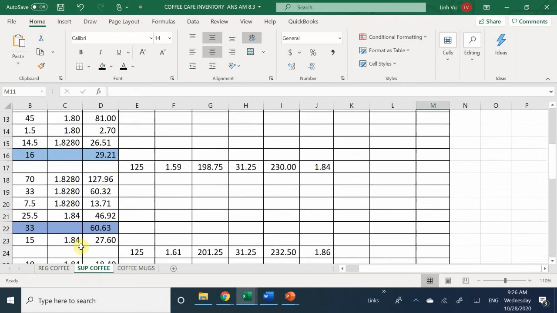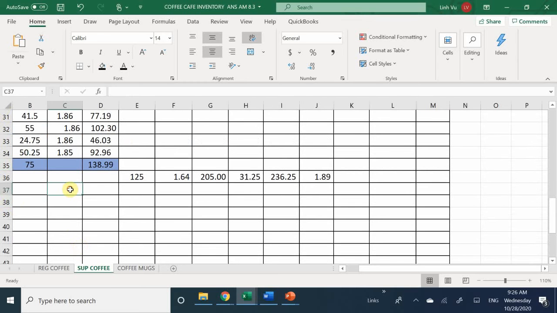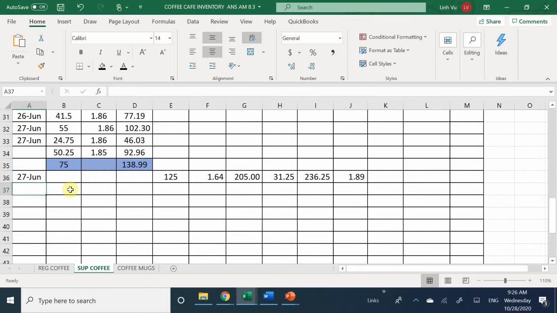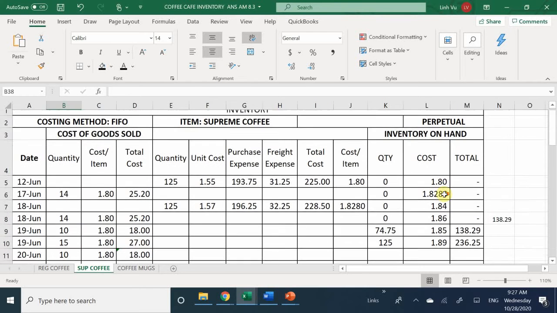Now, Supreme Coffee. How many pounds did we sell? 41 and a half. Now I'm gonna pull up and see which batch we are taking. What are we gonna take out from?